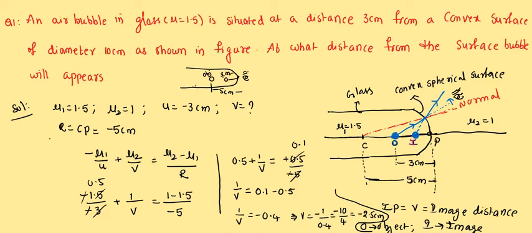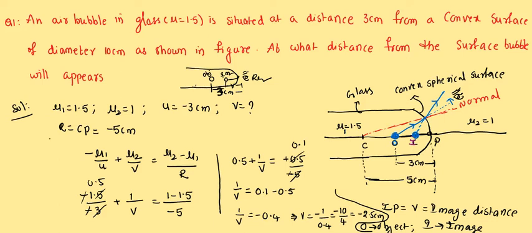That means the object distance is 3 centimeters, now not 5 centimeters. The object is an air bubble located in the glass, and its image appears at a distance of 2.5 centimeters. That means if the object is in the denser medium, here the glass, and the observer is in the rarer medium, the object appears nearer than its actual position.